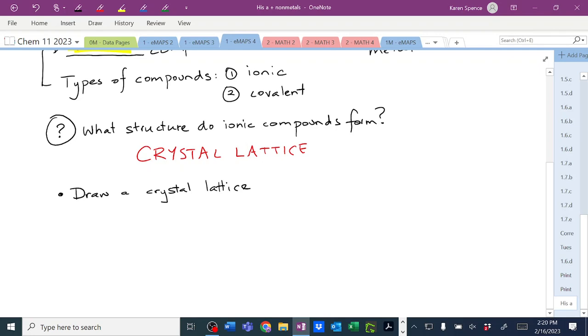So once you've drawn a little crystal lattice, show your partner, show someone near you. Doesn't have to be beautiful. Because you know if I draw one, it's definitely not going to be beautiful.